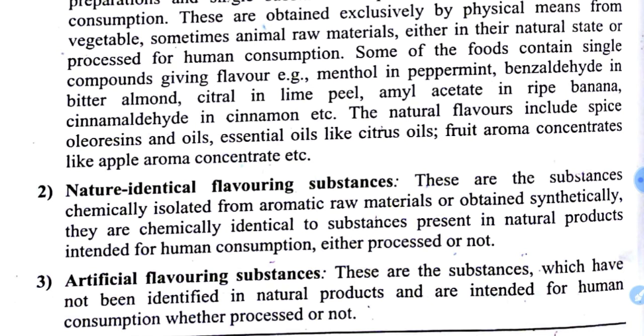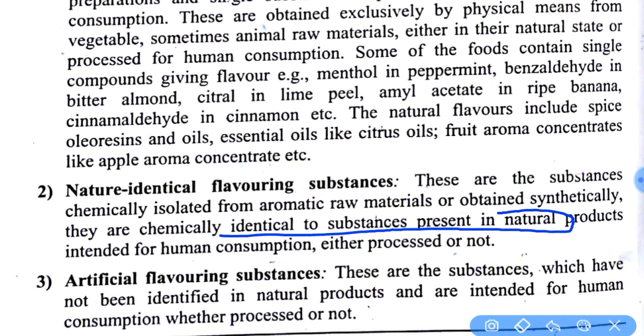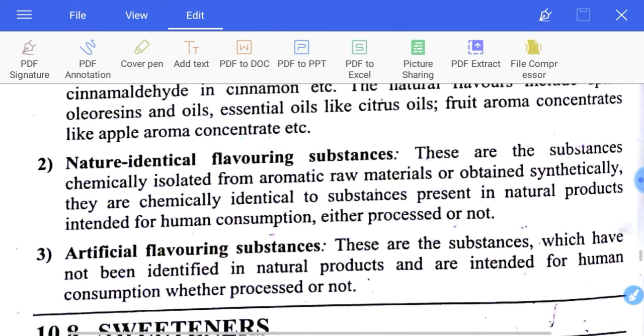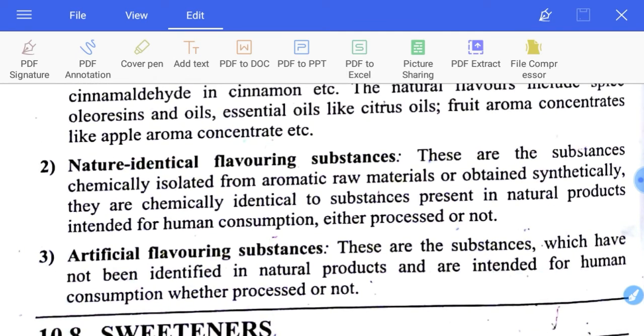Chemically it is identical to the substance present in the natural product. Then artificial flavoring substances, these are the substances which have not been identified in natural products and are intended for human consumption, whether processed or not. So these are not found in nature and are intended for human consumption.